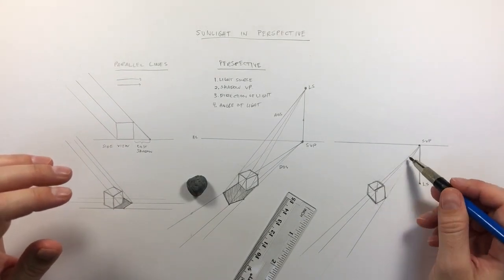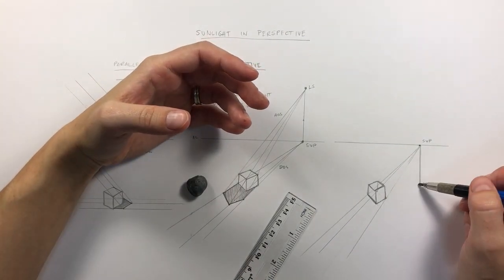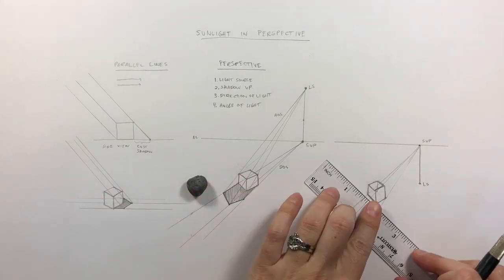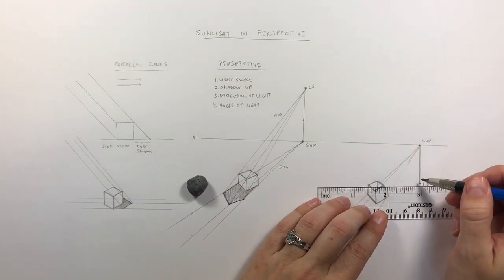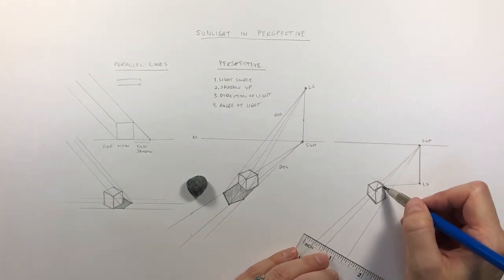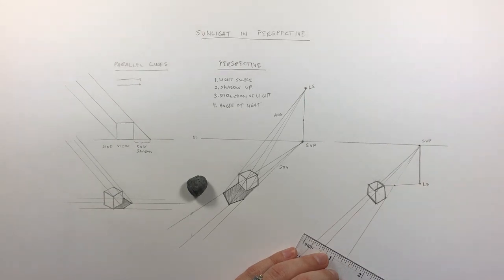Okay, now we need to figure out the shape of our shadow. This is the general shape it's going to be taking up, but how long is it? So that's where our light source comes in. And we're going to do the exact same thing we did before. We're going to connect our light source to our top corner, but where these lines intersect, that's where the shadow's going to end.